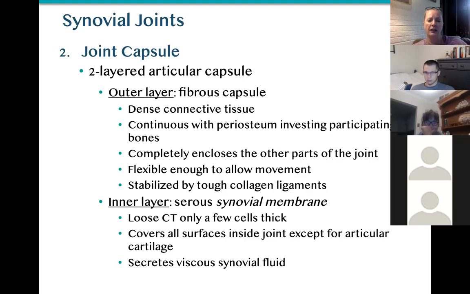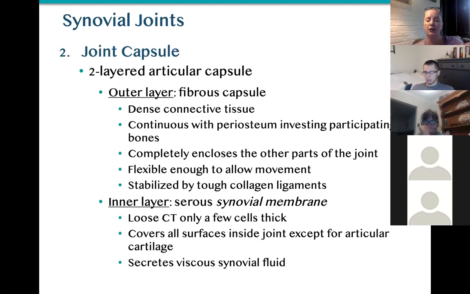Okay, and that's going to be continuous, again, with the fibrous capsule of the joints. And this is going to completely enclose all the parts of the joint, but allow some flexibility so that our joints can move. So we can't tether it down too tightly.